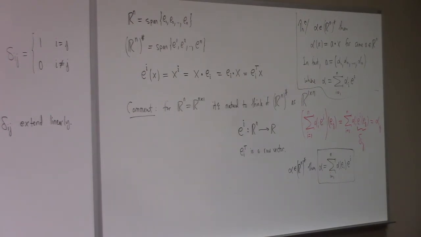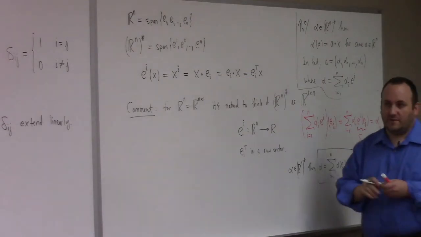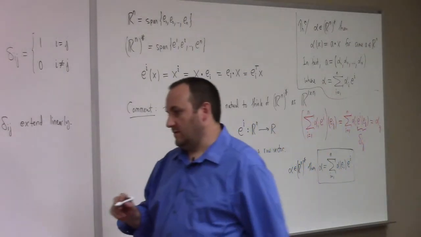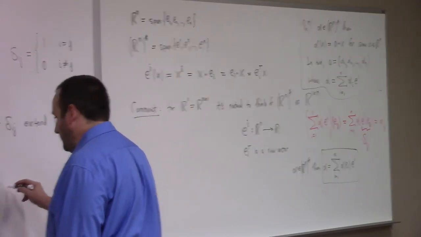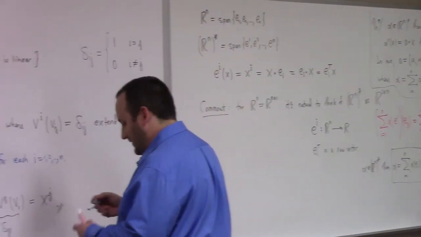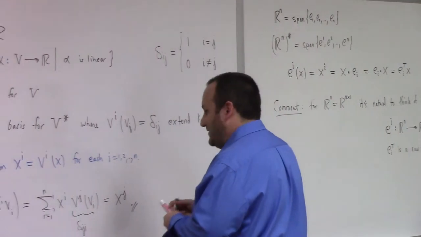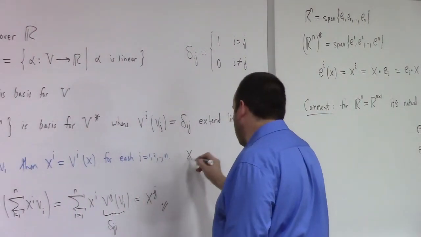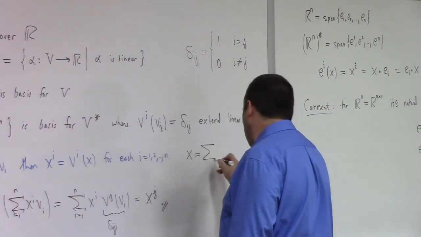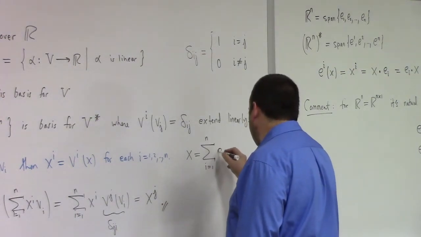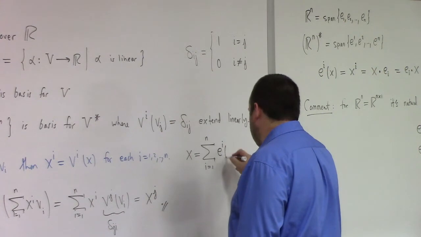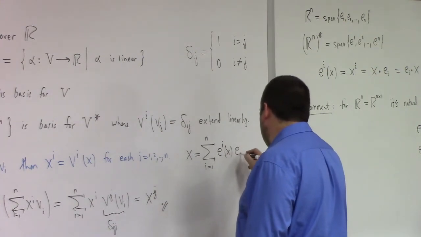Just like the corresponding formula for a vector, this theorem restated to mirror the boxed equation I just did would be x is equal to the sum, i equals 1 to n, of e upper i acting on x, times e lower i.